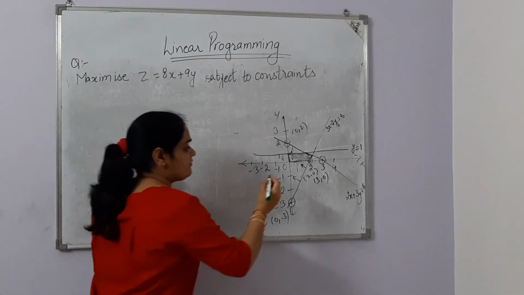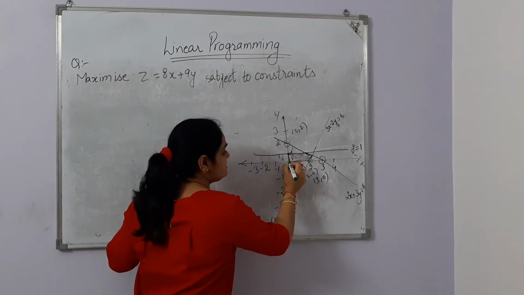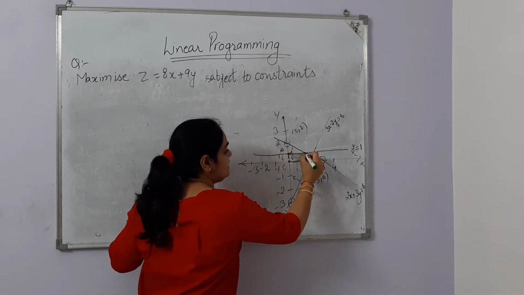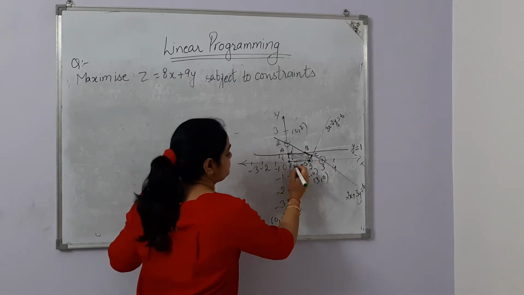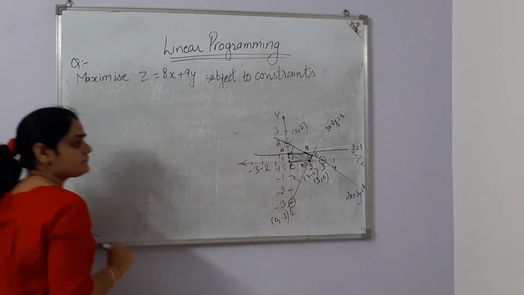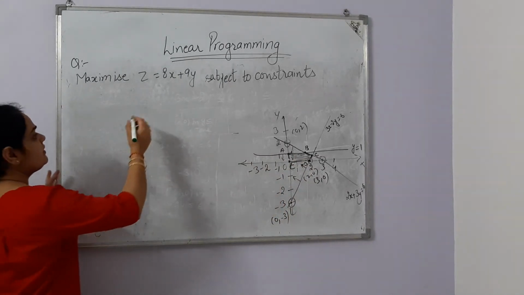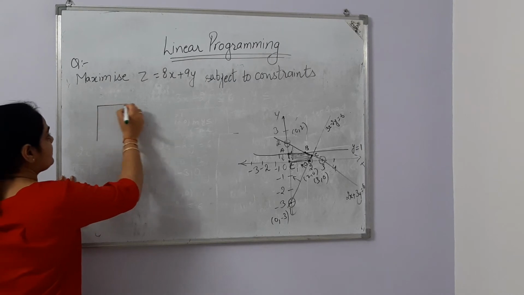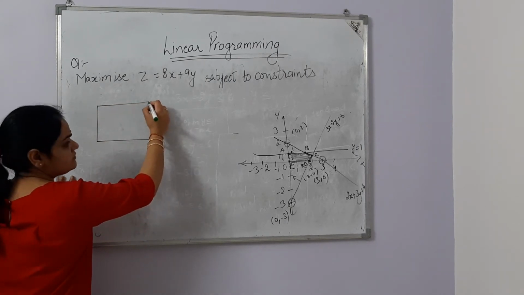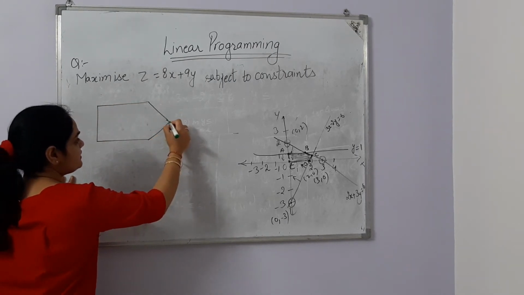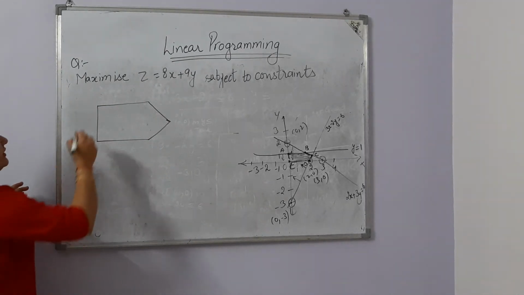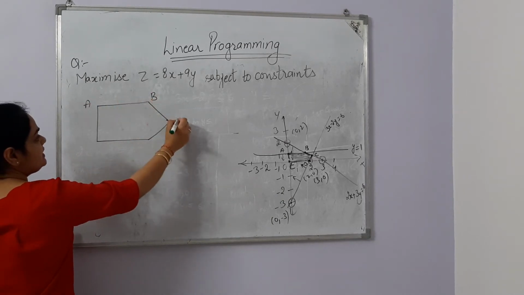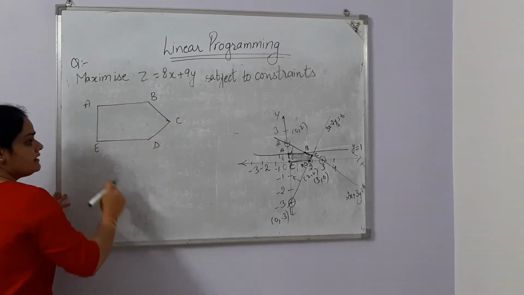So name the feasible region A, B, C, D, E. This is the rough figure that I am drawing separately so that you can understand this question well. A, B, C, D, E.